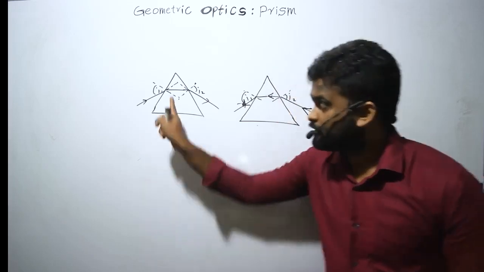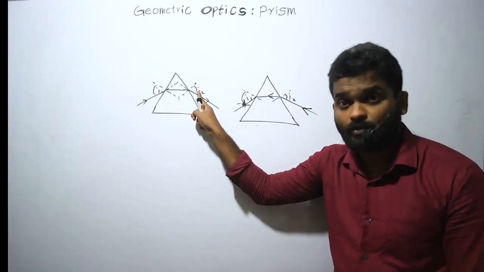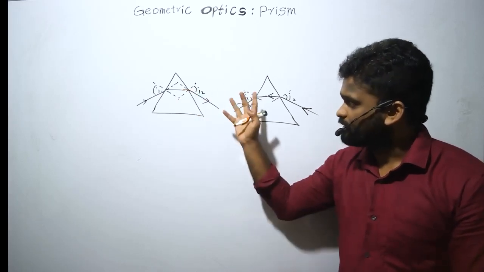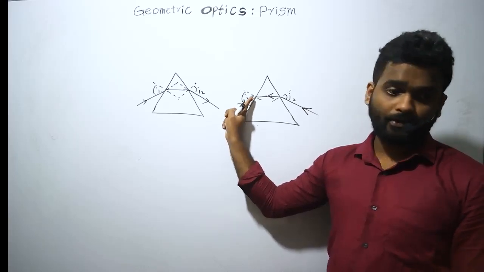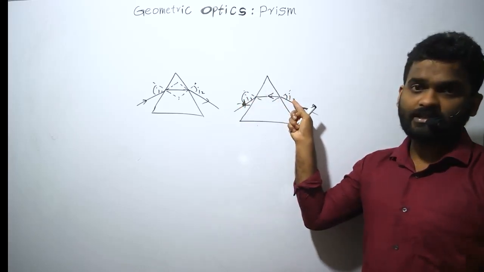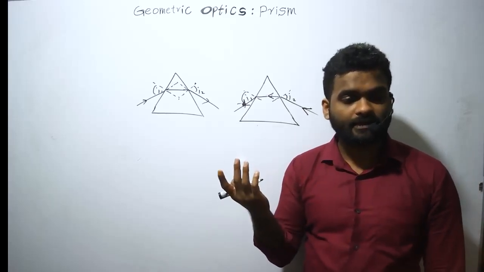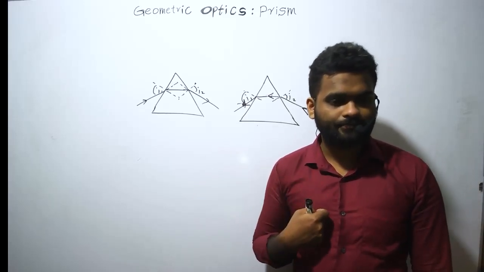So if this is 30 degrees, then this is 77 degrees 4 minutes. If you send the ray at 77 degrees 4 minutes, then this is going to be 30 degrees. So without solving anything, you can say that using the reversibility law.